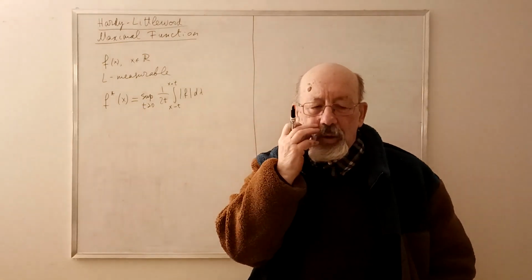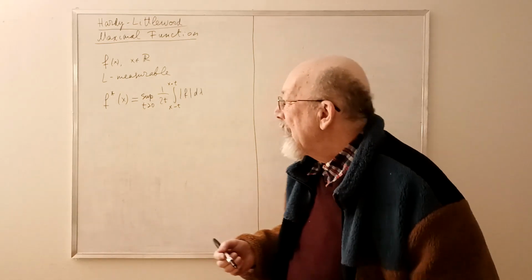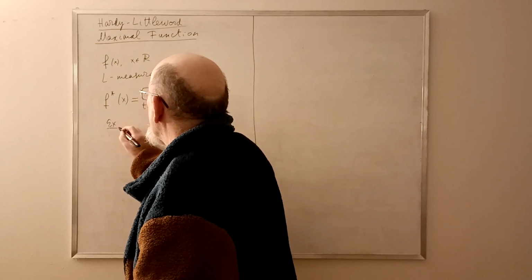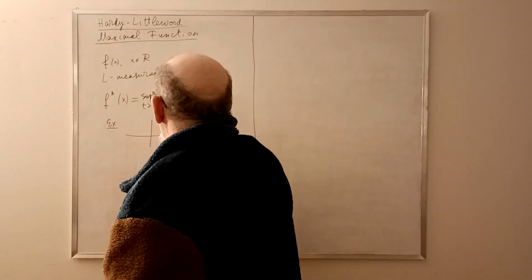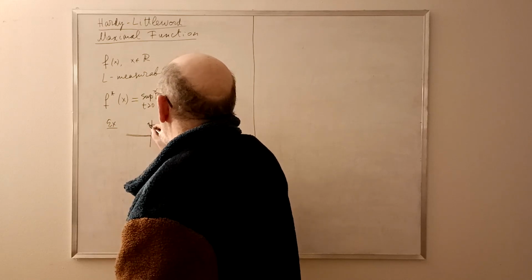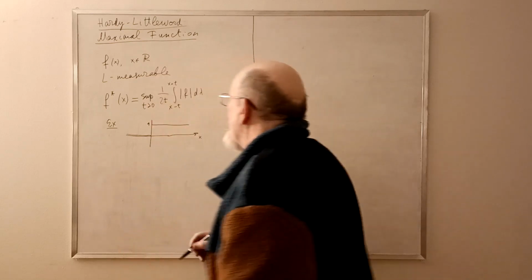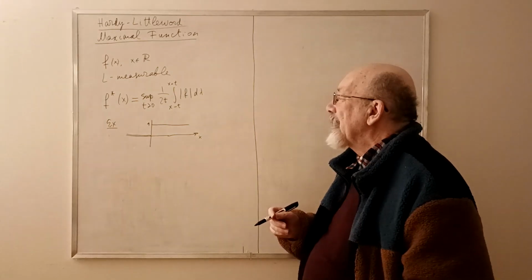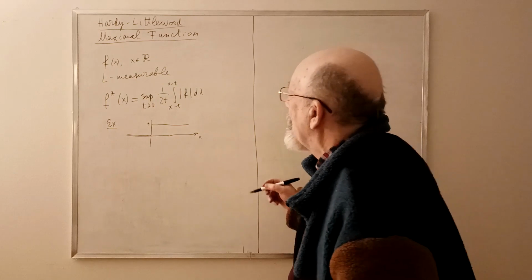So it is the function f star of x. It is, so to say, a majorant of this function. For example, if you have a function which is 0 for x negative and 1 for x positive, what is its maximal function?